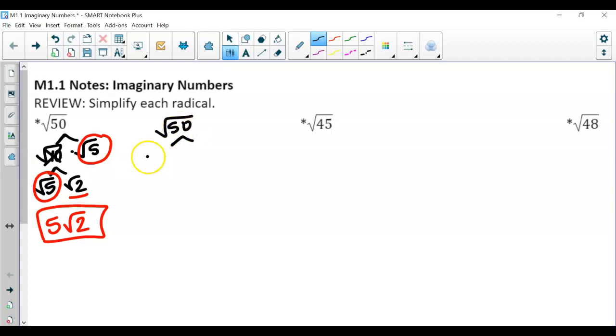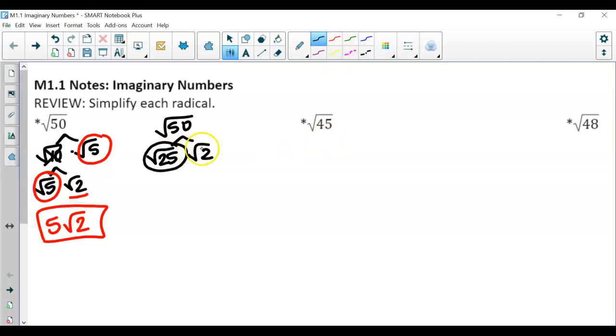Well, 25, so 25 times 2. Now what is the square root of 25? Well, the square root of 25 is 5. So I could say that this is 5 radical 2. Notice how you end up with the same solution. So again, you could focus on prime factorization or you could focus on the perfect square factors here.